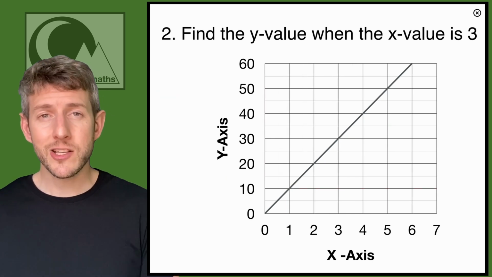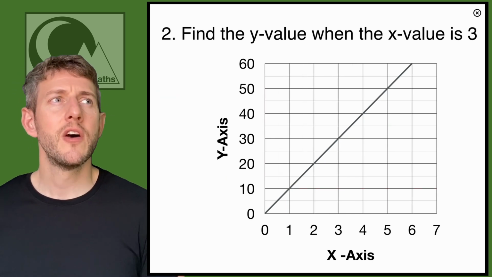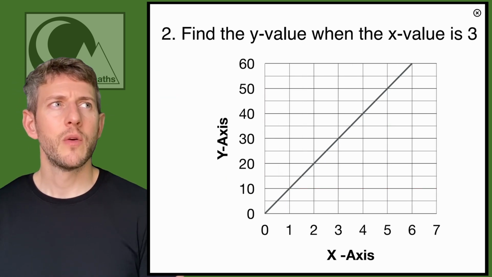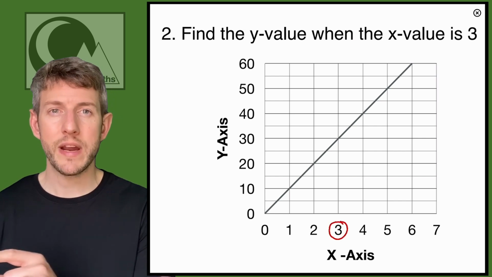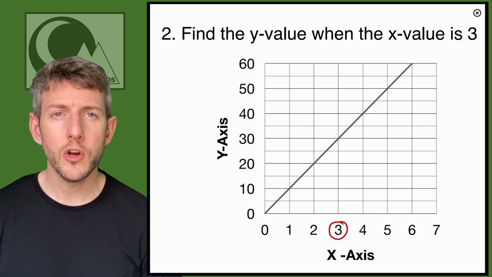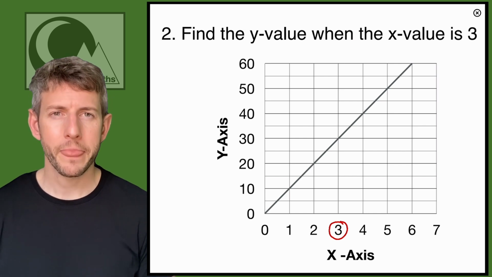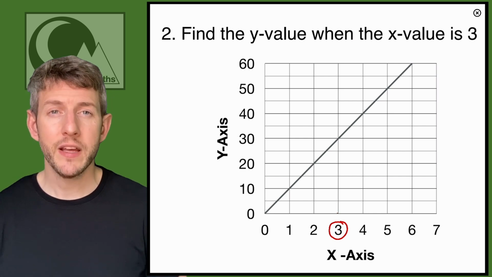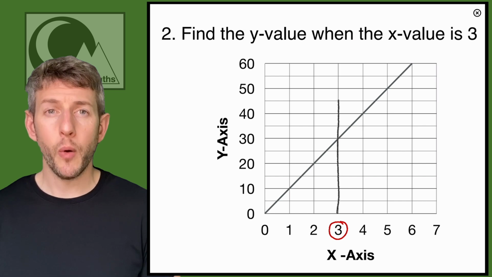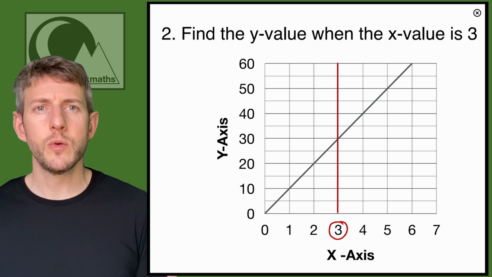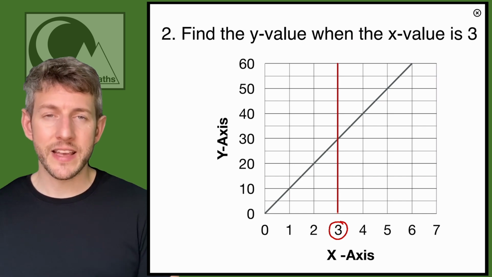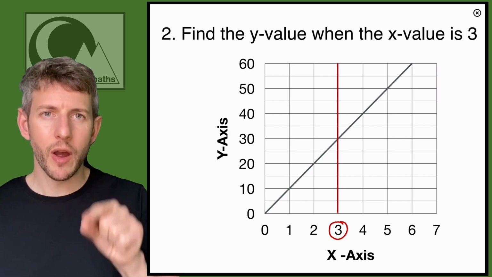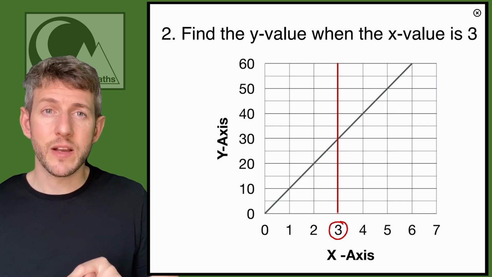So let's look at the second question, which is find the y value when the x value is 3. This time, I'm going to look for where x is 3. Okay, I found x is 3. Every point along the vertical line that goes through x equals 3 is where x is equal to 3. No matter where I go, up or down this line, x is equal to 3.